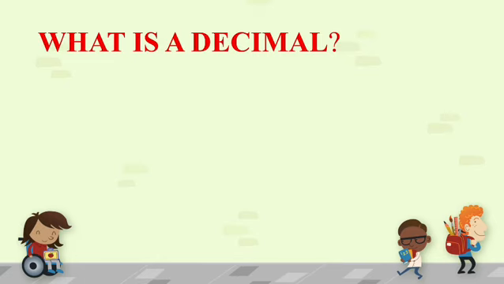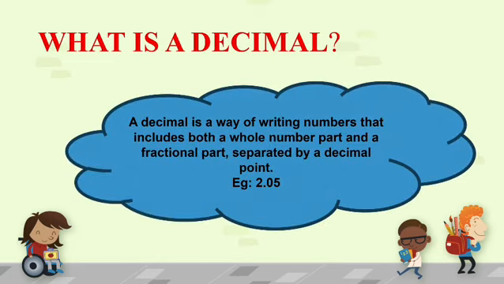What is a decimal? Well, a decimal is a way of writing numbers that includes both a whole number part and a fractional part separated by a decimal point. For example, 2.05.